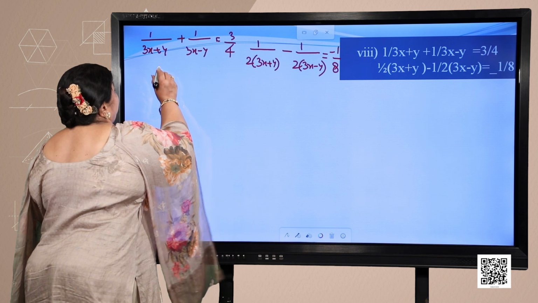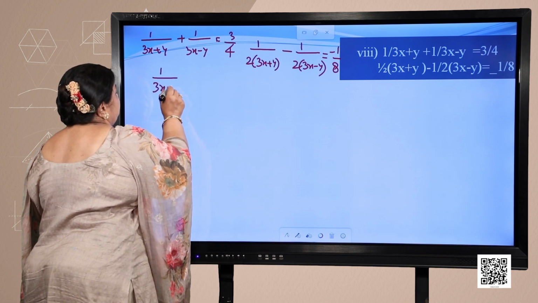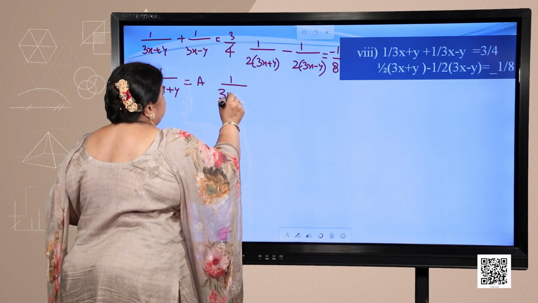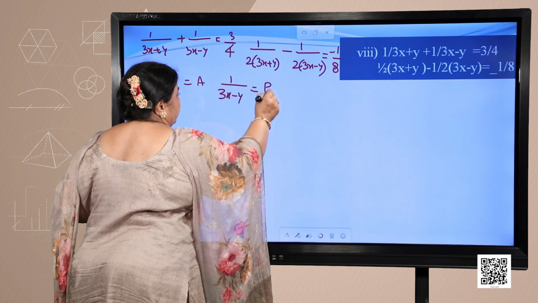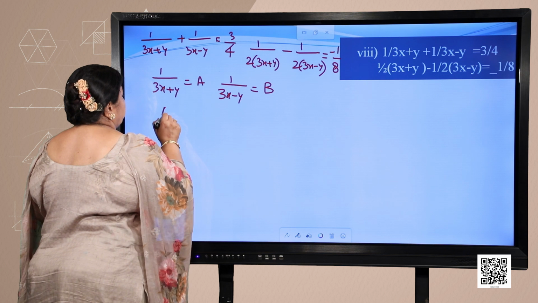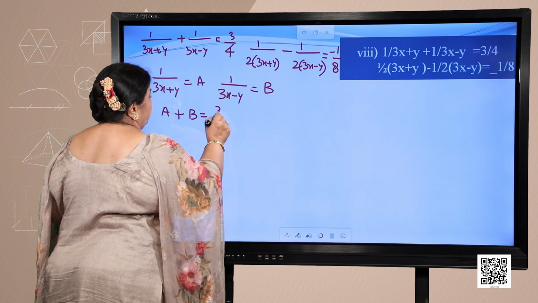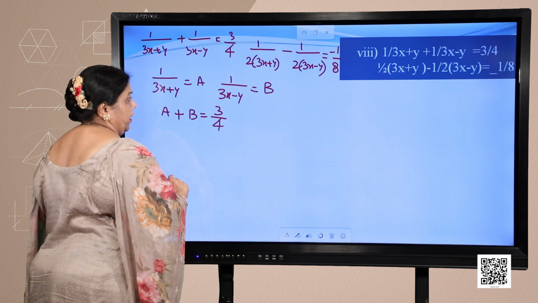Let us assume 1 upon 3x plus y as a and 1 upon 3x minus y as b. So, equation will reduce to a plus b is equal to 3 upon 4, right.